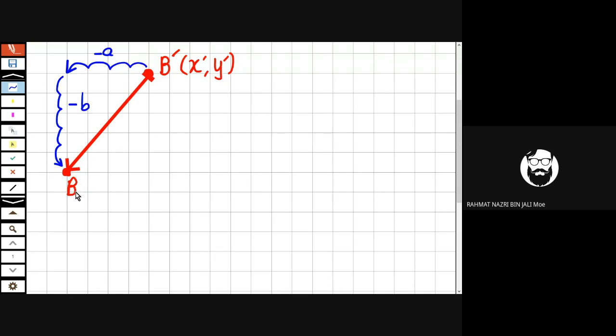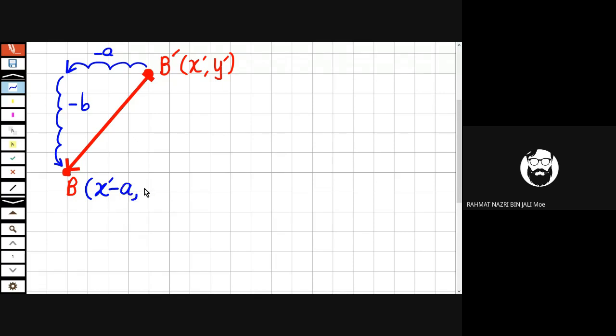So lastly, coordinate of B, kita akan dapat kita ambil X prime daripada image tolak A. Sebenarnya tambah jadi bila tambah tolak dia akan jadi tolak lah. Dia finalize terus.